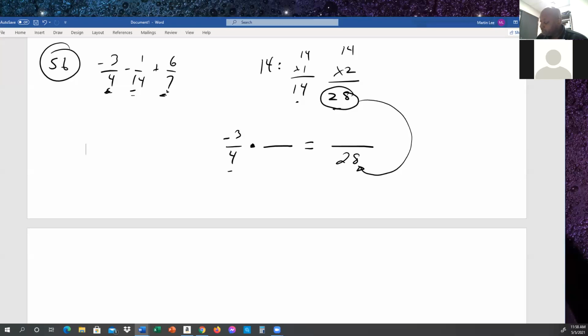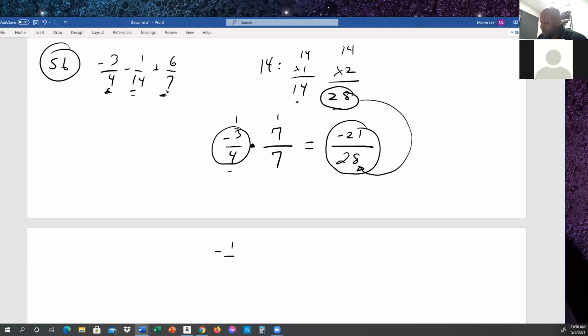So now 4 times what gives me 28? 7. 7 in the denominator, 7 in my numerator. Now -3 times 7 gives me -21. And I'll circle these for right now.